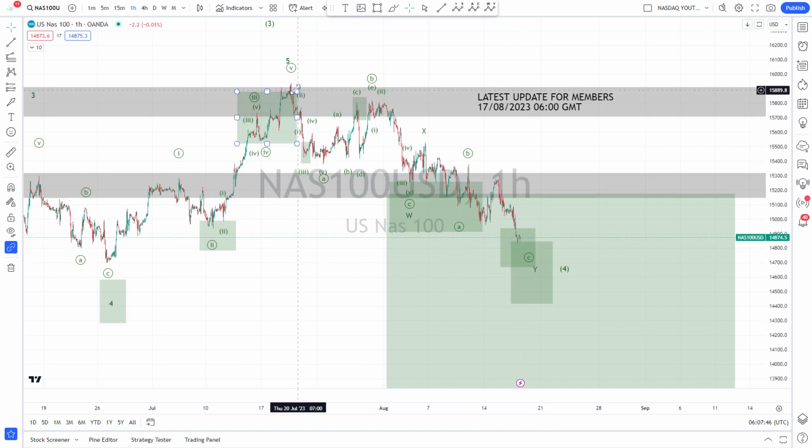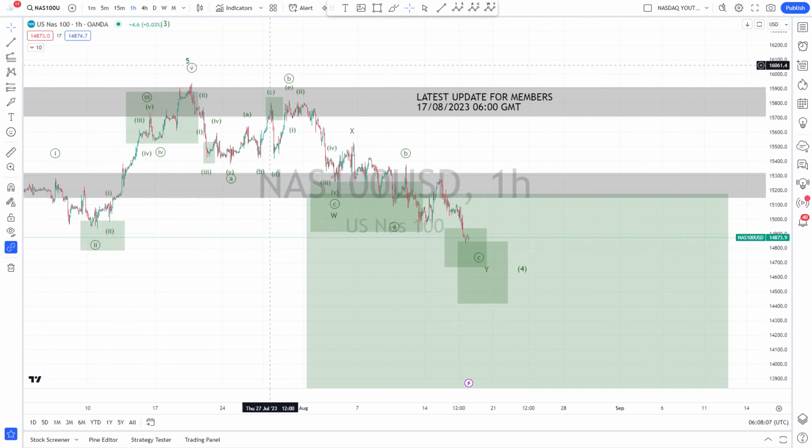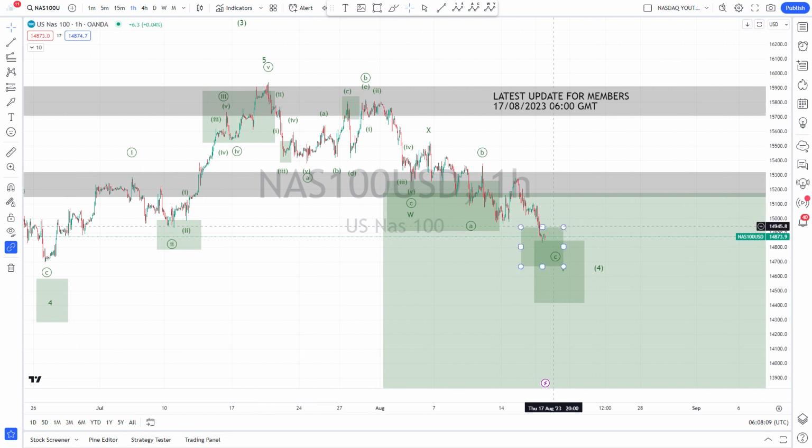Ideally, if you follow me for a while, I don't know when this was, 19th of July, I was quite successful in predicting this top because I analyzed the lower time frame. I went to the 5 minutes and I could see that we would reverse here. So how did I trade this wave 4?